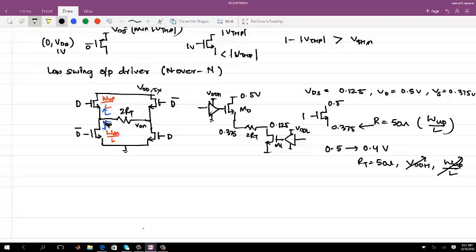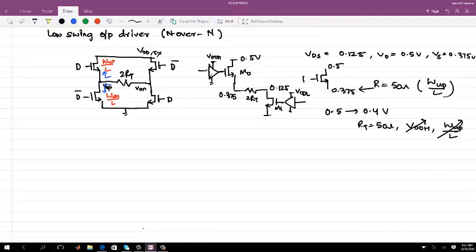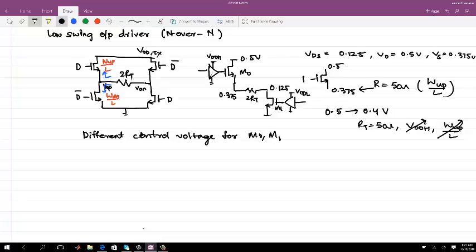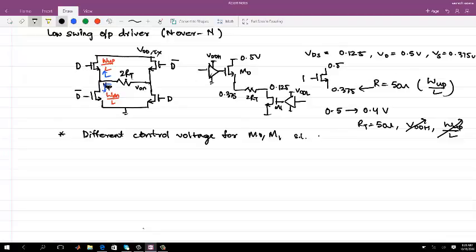So this is one thing, that my VDDH, let me say this way, can be a different control voltage for M0 and M1, such that R up and R down are equal to 50 ohms.